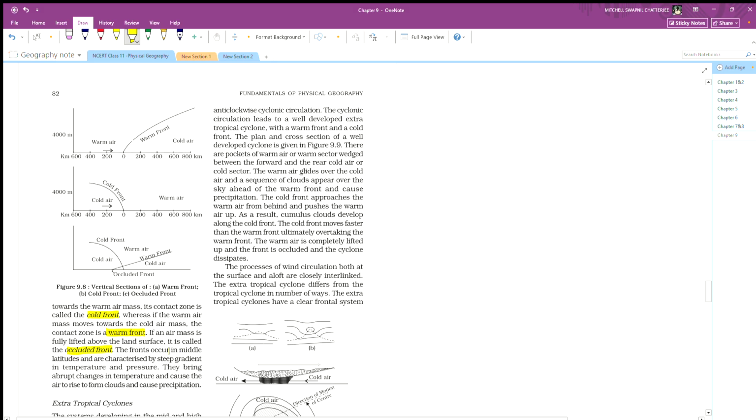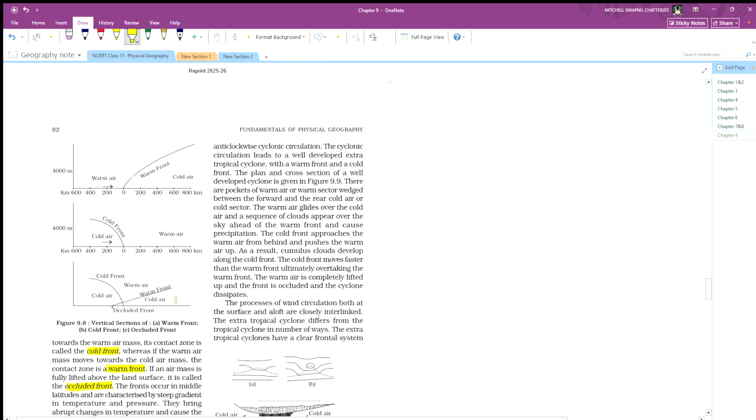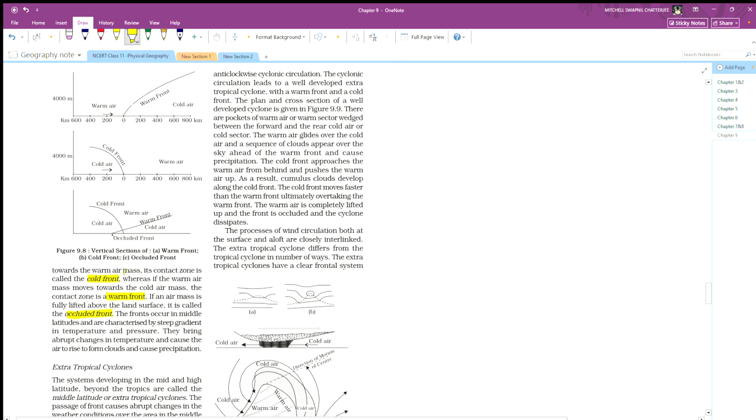Fronts occur in the middle latitudes and are characterized by steep gradients in temperature and pressure.